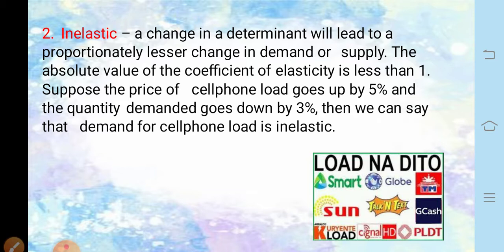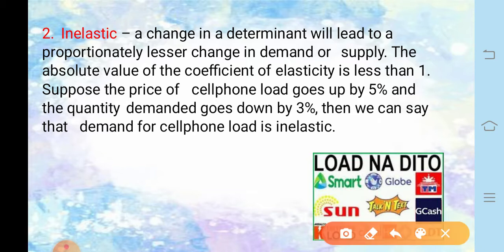Then we can say that demand for cell phone load is inelastic, because the percentage increase in price is higher compared to the decrease in demand.